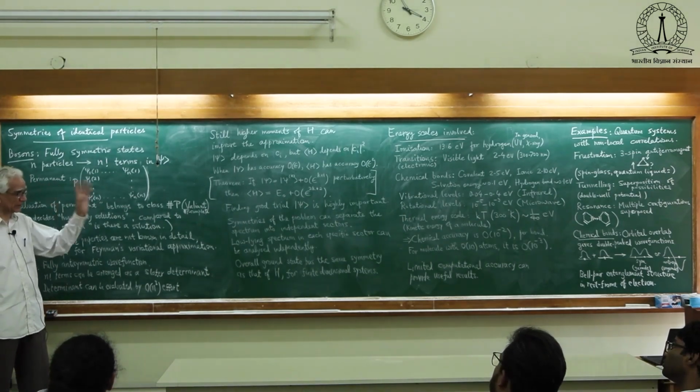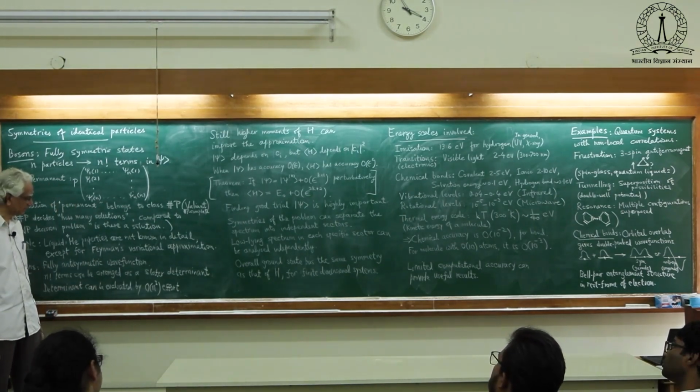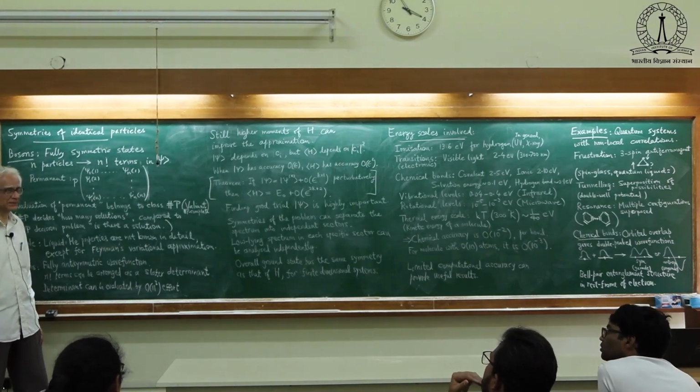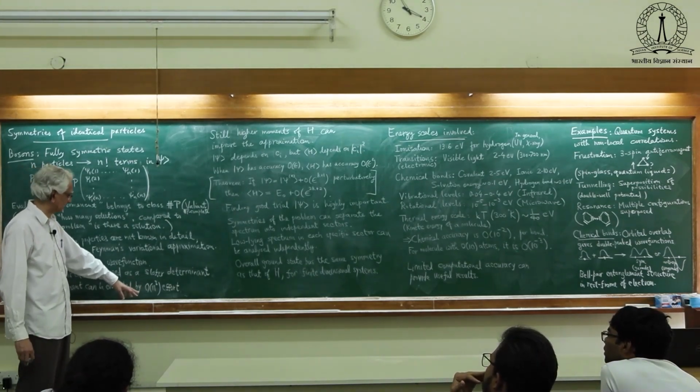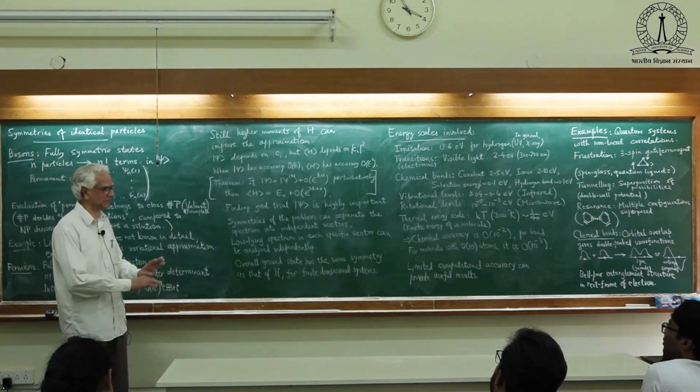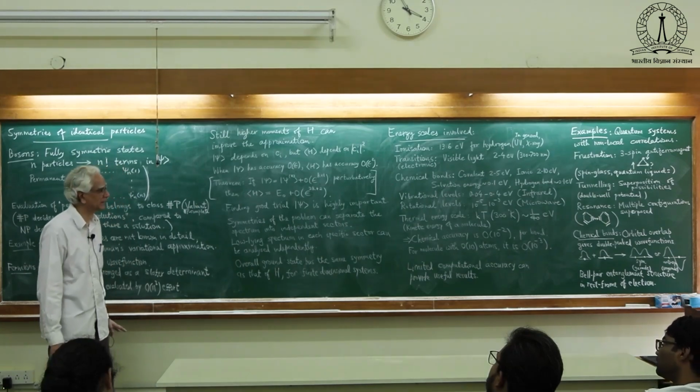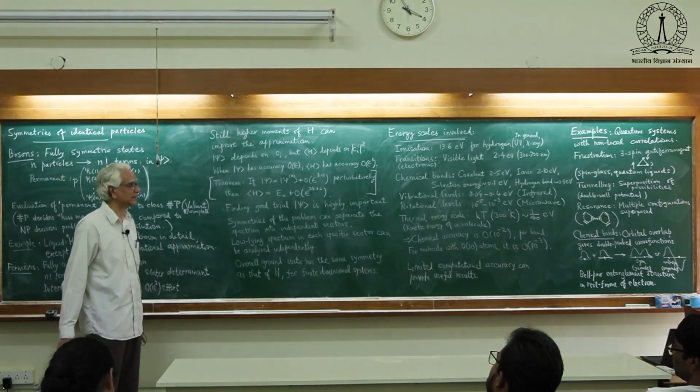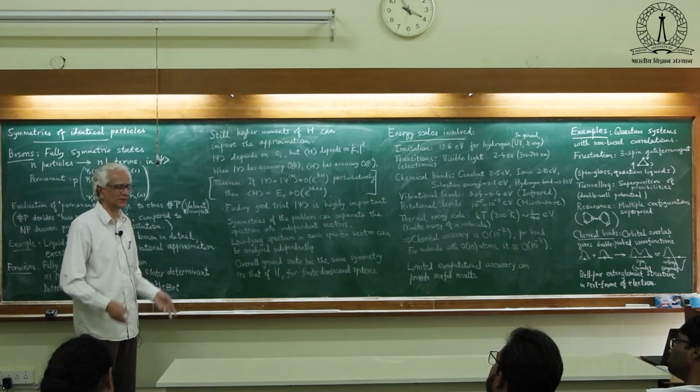And all the quantum chemistry problems fortunately have fermions. Whether you are studying electron structure, they are all electron fermions, or even if you are studying something like a hydrogen bond, it's a proton, it's still a fermion.